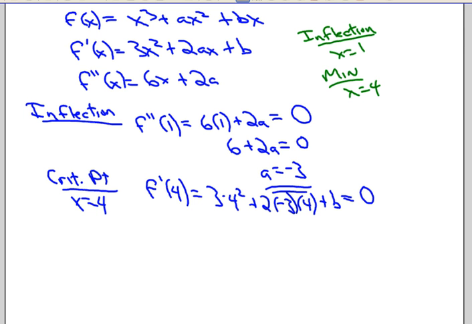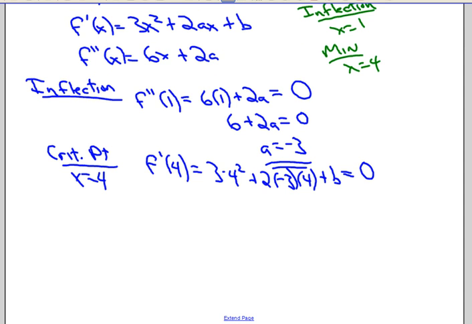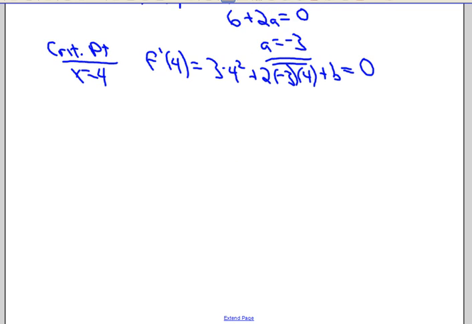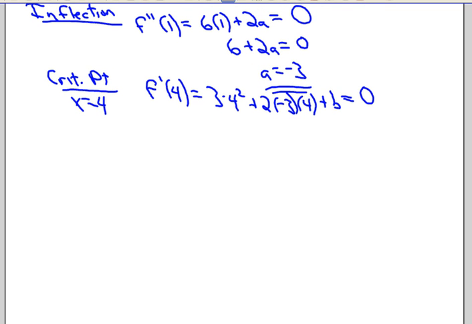Why? Because it has a min at x equals 4, and local mins occur at critical points, and a critical point is where a derivative is 0 or undefined. So let's solve this. Shouldn't take too much work. 4 squared is 16, so it looks like 48 minus 24 plus b equals 0. So solving that, it looks like b equals -24.